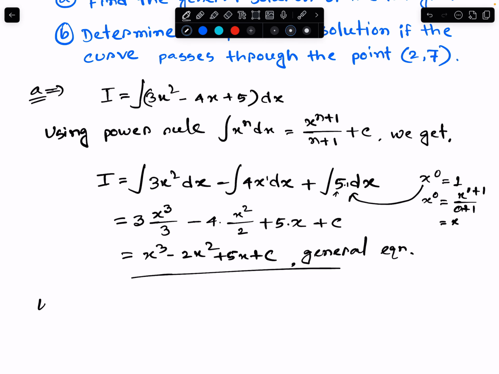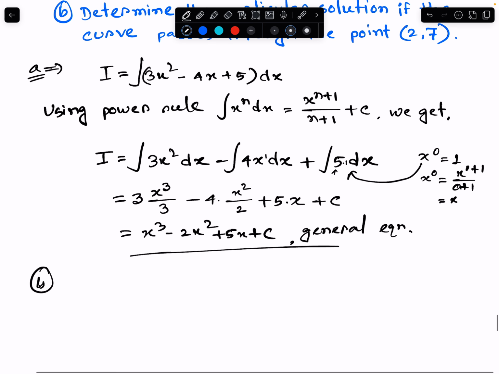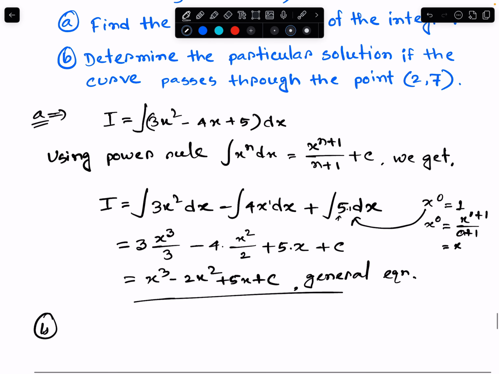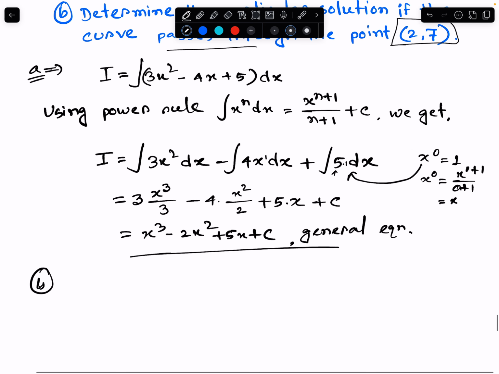We are done with our question A. Now we are going to solve question B, which is to determine the particular solution. The solution we already got from A is x cubed minus 2x squared plus 5x plus c, and it passes through the curve point 2 and 7.